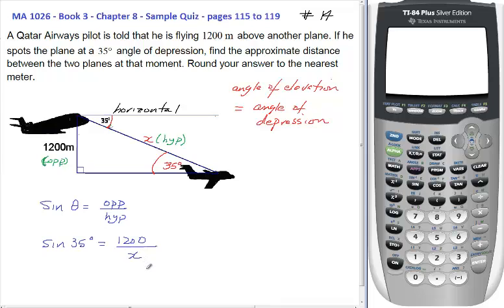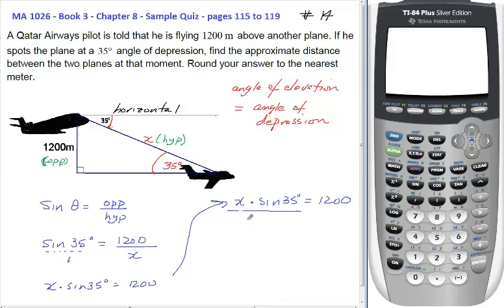which is x. Now notice that x is on the bottom, or in the denominator, so we have an extra step to do here. Remember, this is over 1, so when you cross multiply, you're going to get x times the sine of 35 equals 1 times 1200, or 1200. Then of course you must divide each side by the sine of 35 to isolate x.